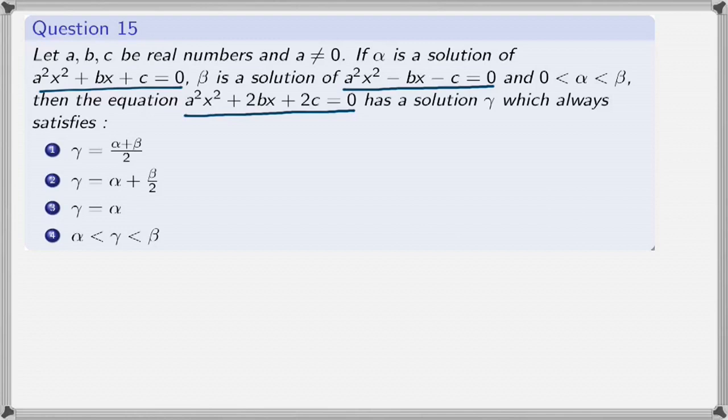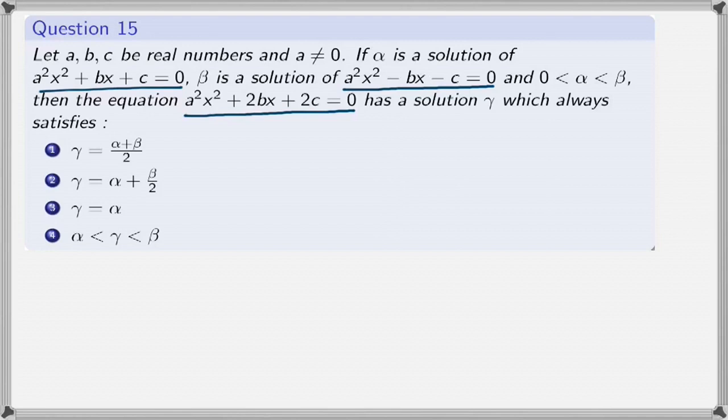We are told that alpha is a solution of the first quadratic equation and beta is a solution of the second quadratic equation with the property that 0 is strictly less than alpha and alpha is strictly less than beta. Our job is to find out what are the properties satisfied by a solution of the third quadratic equation.